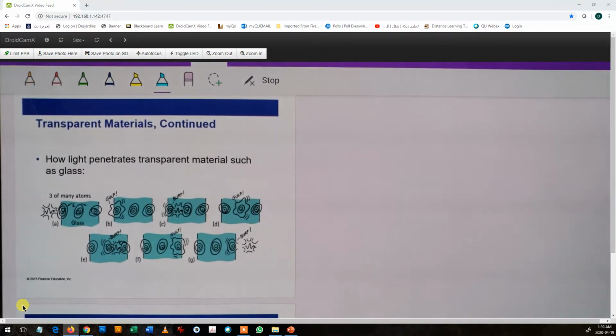It will have the same frequency, the same wavelength, but it is not the same photon that will go through the material. The photon will be absorbed and then ejected.